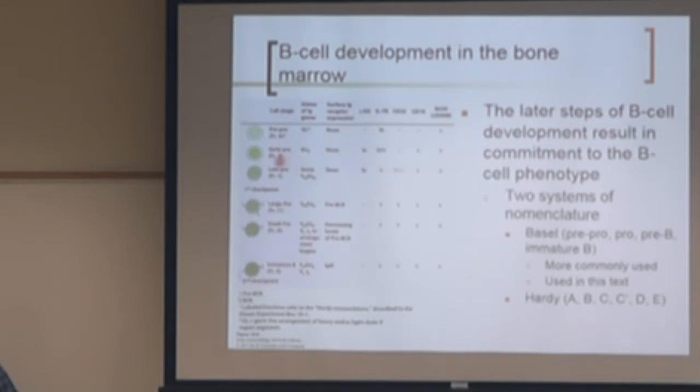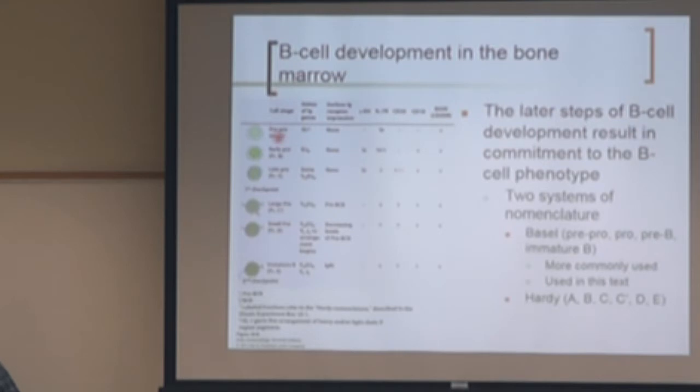It's in the early pro B cell where you start to get D and J recombination. In the late pro B cell, you get some VDJ recombination, and so you still don't see surface Ig. You see the pre-B cell receptor at the pre-B cell stage, and then you only get mature IgM at the immature stage. It's not until those cells mature that you start to see IgG.